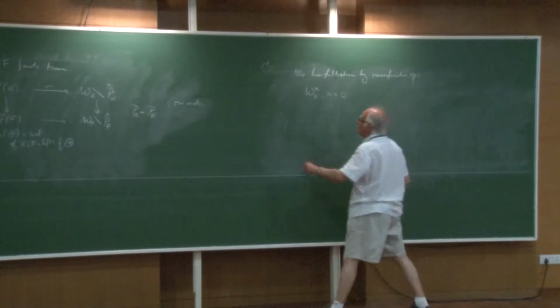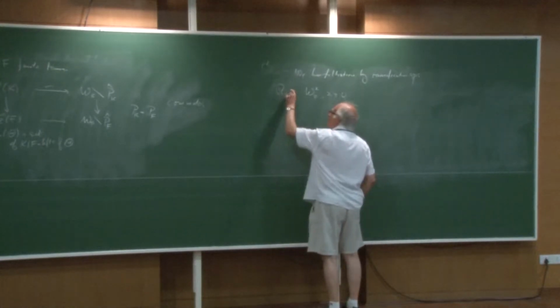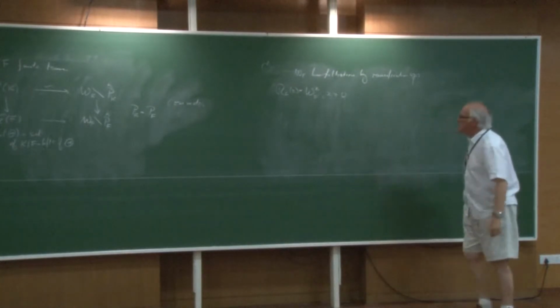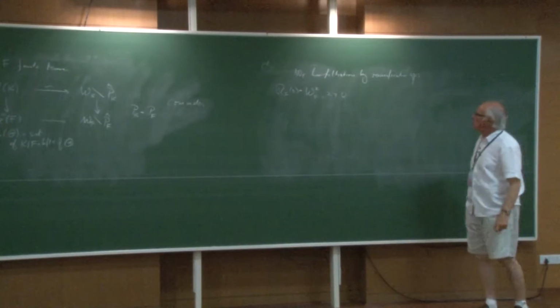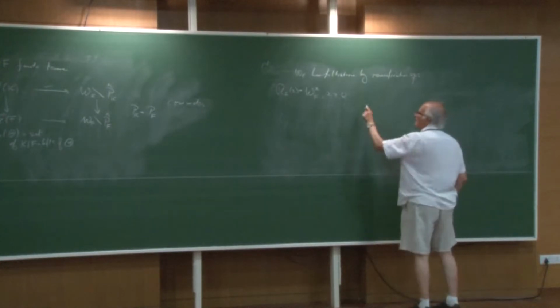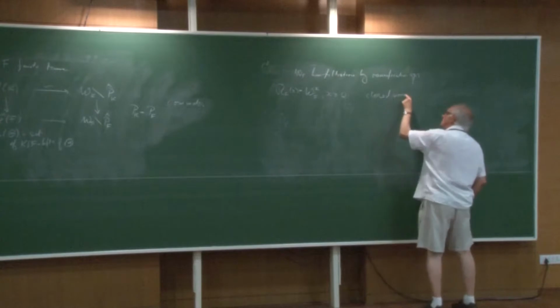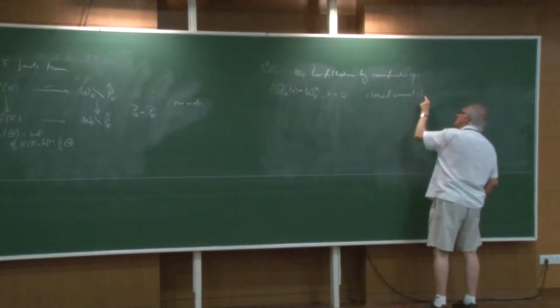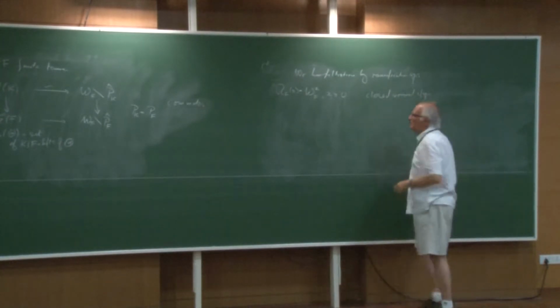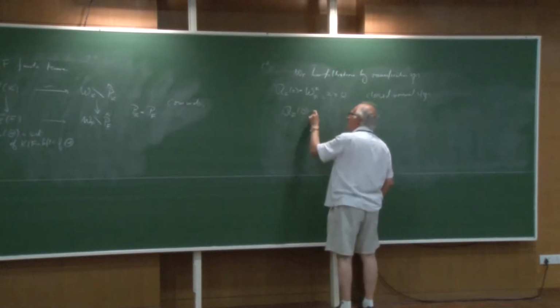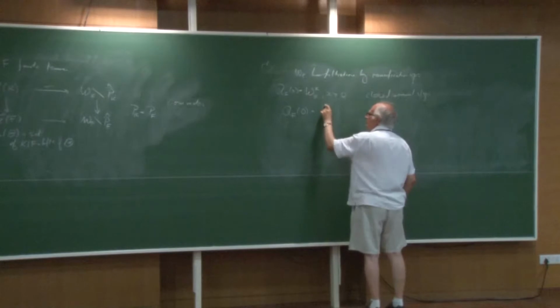So I prefer the notation R_F(x). Right, it's a descending filtration. As x increases, the group gets smaller. These are closed normal subgroups. R_F(0) is the inertia group.